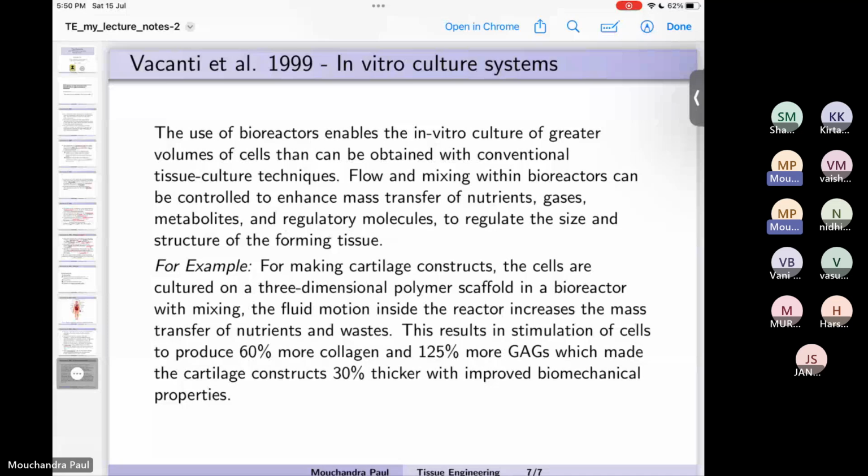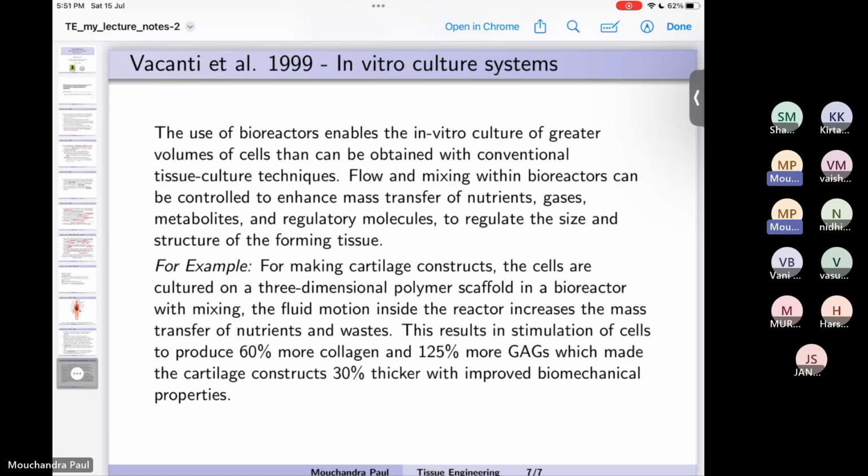We know a small volume of media will maintain 37 degrees Celsius if you keep it in an environment at 37 degrees Celsius. But in large reactors, you need continuous heat coils, etc., that continuously flow warm water around to keep the entire tube or entire container at 37 degrees Celsius.